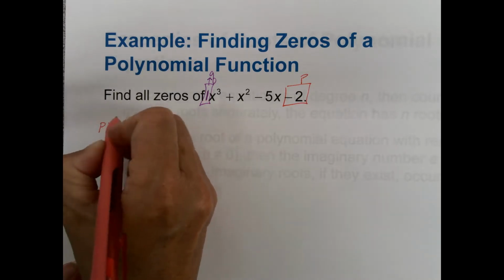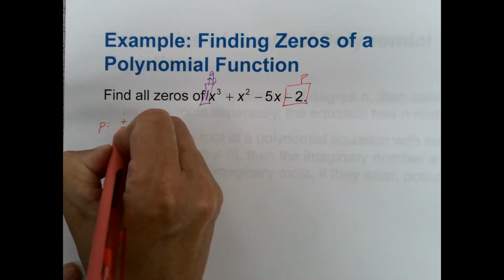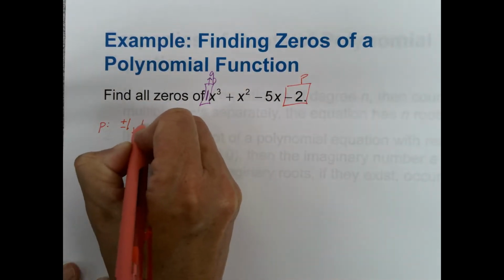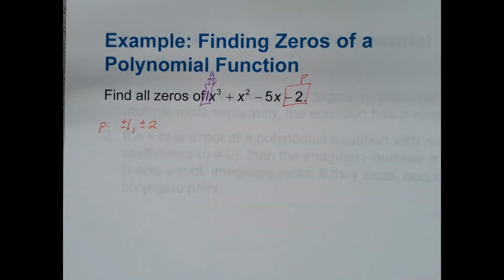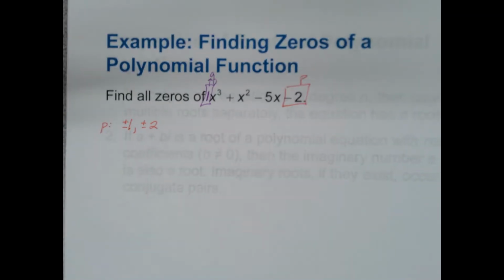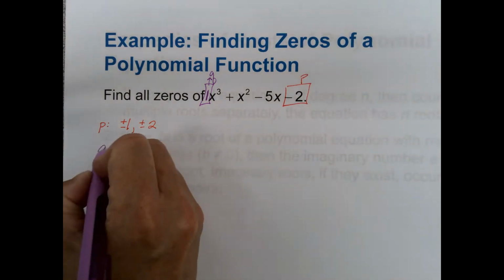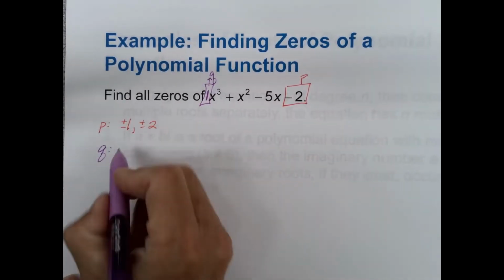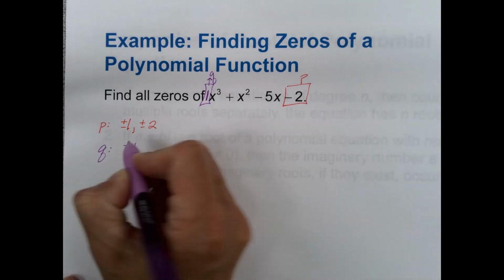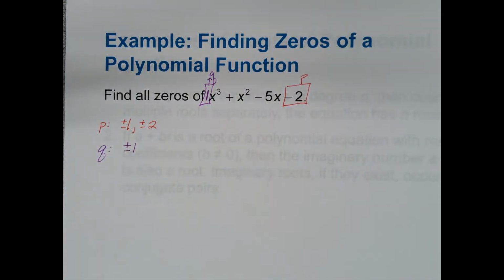Numbers that multiply to give me -2, well, that's plus or minus 1 times plus or minus 2. And that's it for P's. This one's going to be a little bit simpler. Q, numbers that multiply to give me 1, integer values, well, those are just 1. So I've listed all my P's and all my Q's.